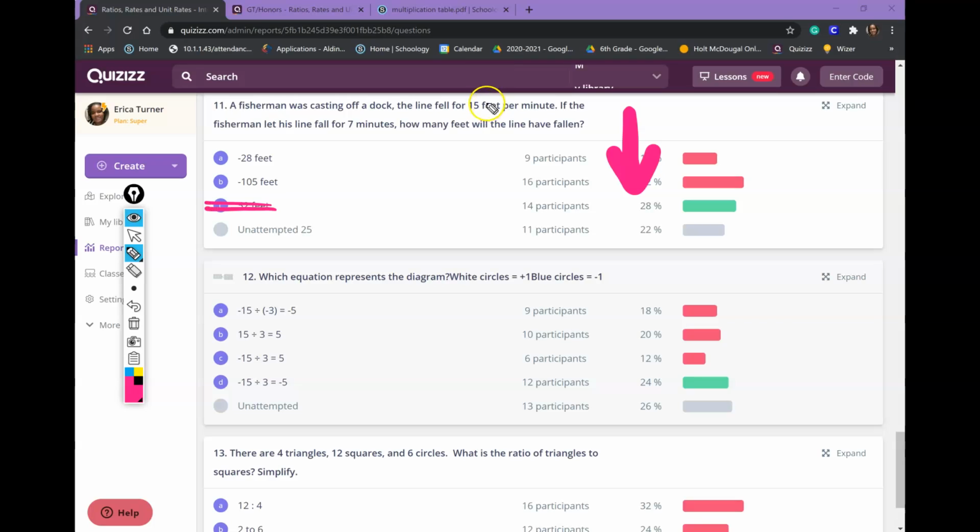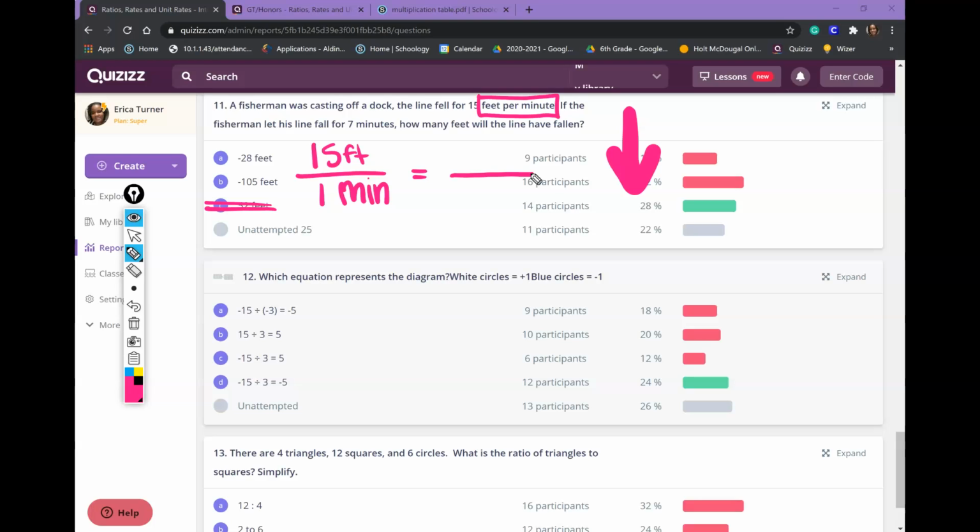So what I see is feet per minute. That to me is a ratio or a rate, so I'm going to set up a proportion. I know that for every 15 feet, that means the line is falling for about 1 minute. 1 is my denominator. I'm going to set that equal to another ratio.